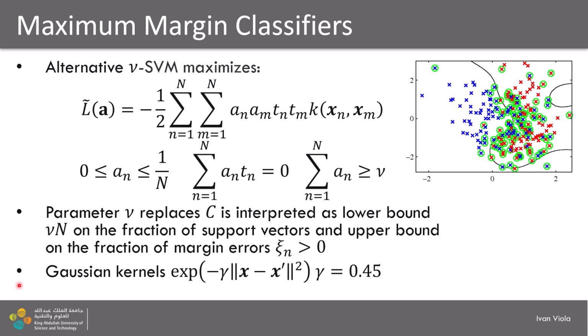Finally, we have here an example of this soft margin variant, the new SVM, which is characterized by the exponential function kernel, or a Gaussian kernel, with the parameter gamma equal to 0.45.